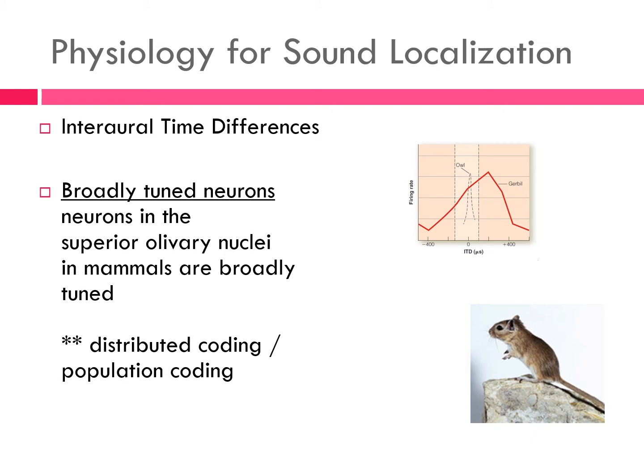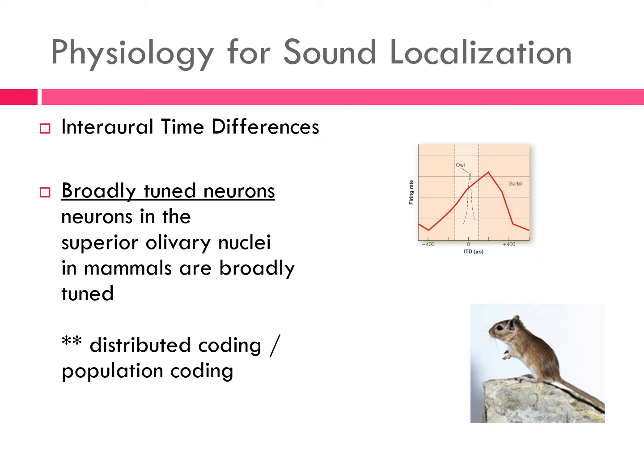Later, we discovered broadly tuned neurons in the superior olivary nuclei, the superior olive, in mammals. You can see in the picture at the top, this is a gerbil, which I gave you a little picture of because they're cute. This is research done on a gerbil, where the neuron is responding to a pretty wide range of interaural time differences.